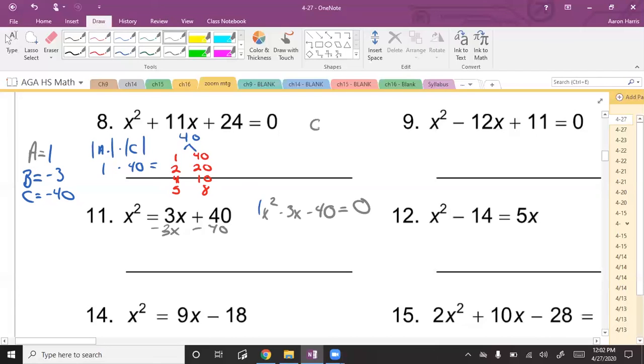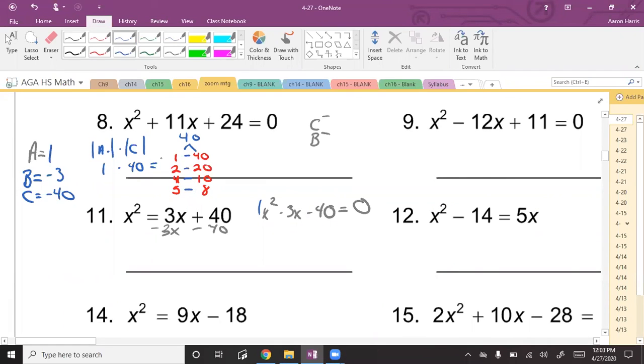I know that C is negative. B is also negative. Therefore, notice when I do my list, my bigger numbers are always on the right side. My smaller numbers are always on my left. This makes my life easy. Since C is negative and B is negative, my bigger numbers have to be negative.